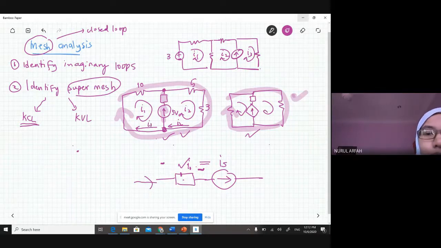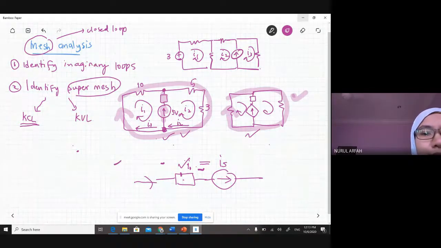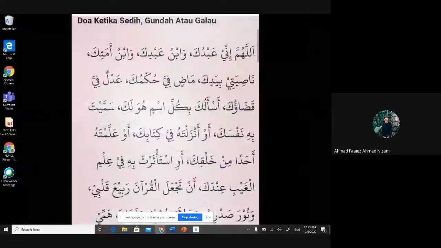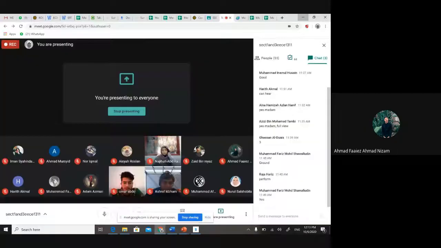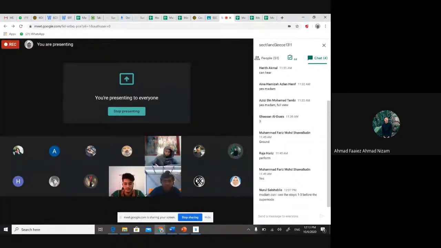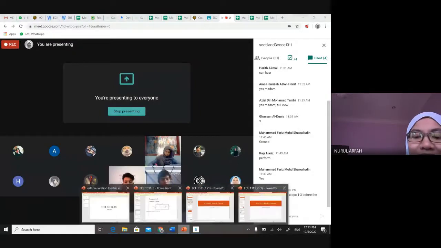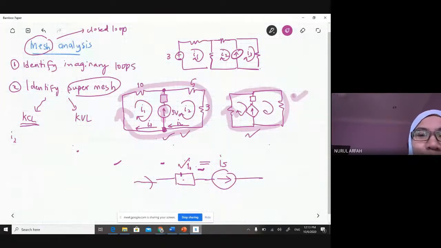Based on the KCL at this node, we have current entering equal to current leaving. So I2 equal to I1 plus 5, right? Okay, good. Madam, is it 5 volt or 5 ampere? Oh, 5 ampere. Sorry, I put volt.